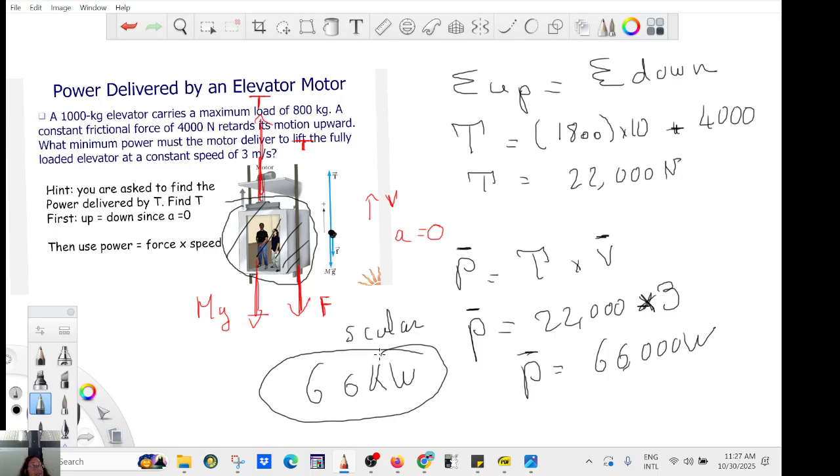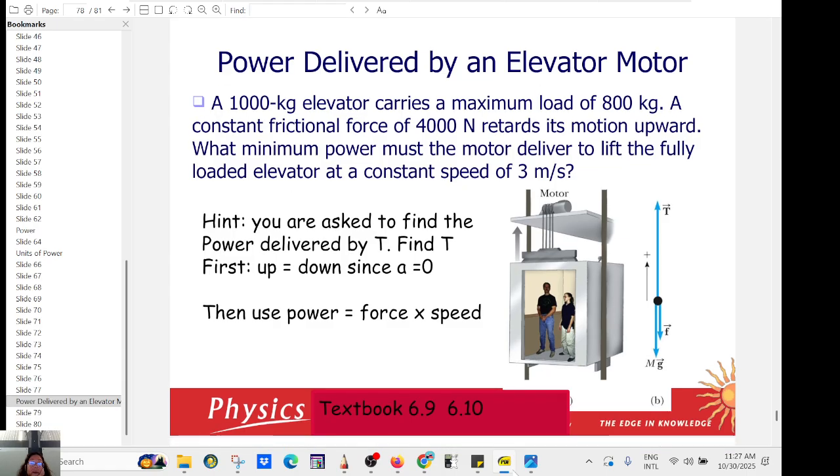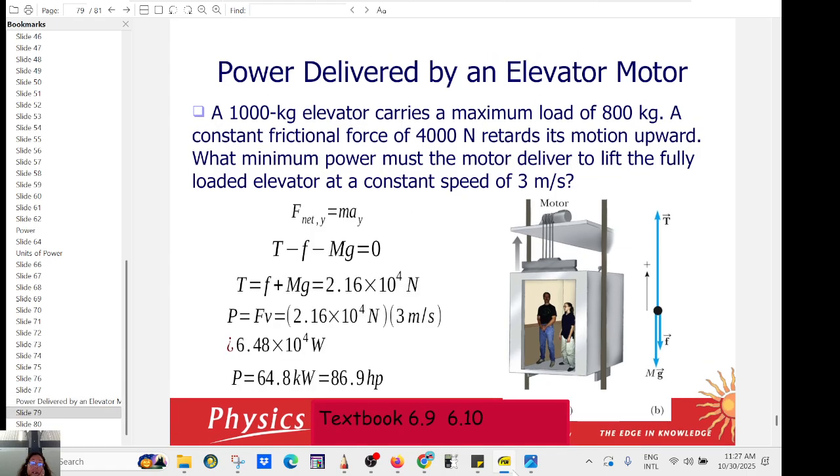So that's why you understand more about machines and things like this. 66 kilowatt. Okay, any question? Okay.